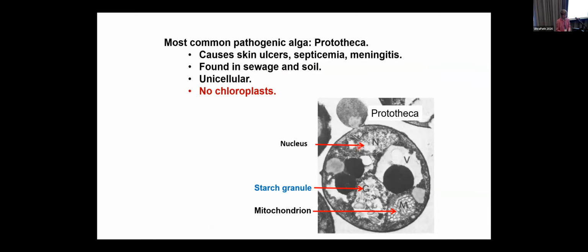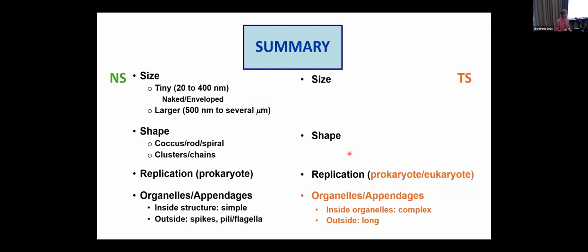You would also notice that the complexity inside indicates that it's some kind of a higher organism. So you might want to ask the guy if he's been swimming in a pool somewhere or swimming in a lake.